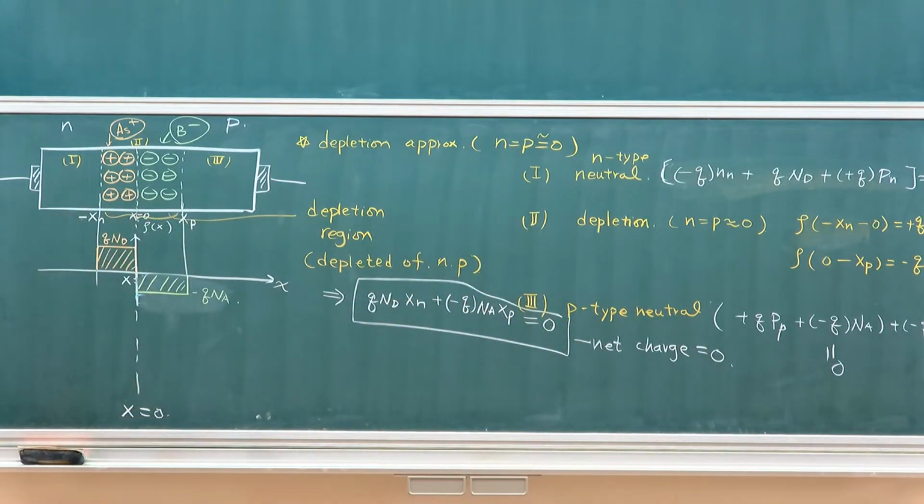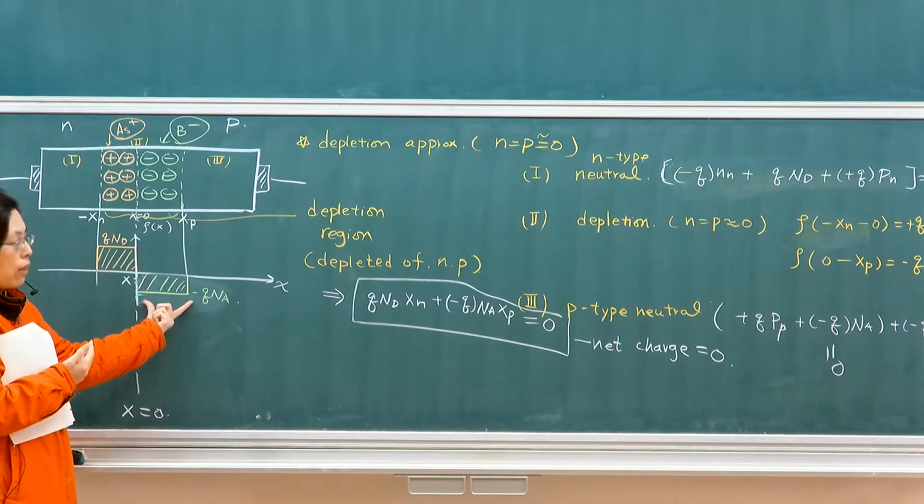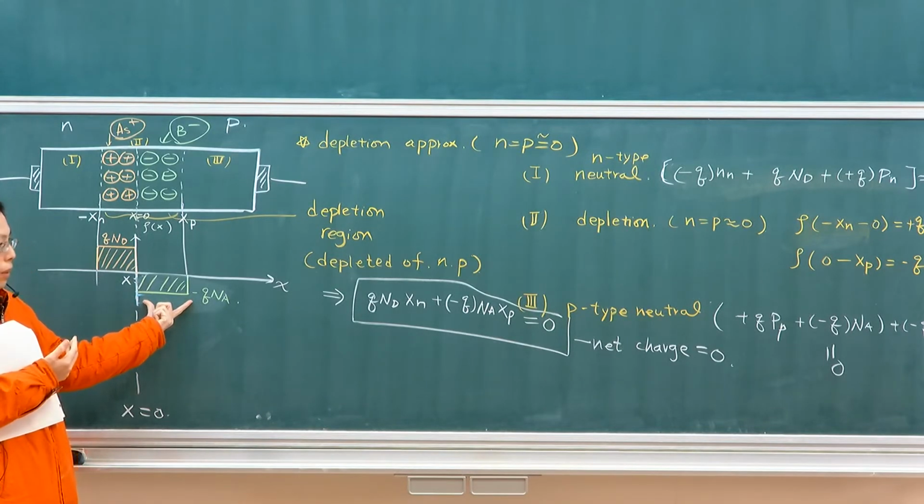This is a very important result, which implies that if I have a higher doping, then my depletion will be narrower on this side, and thicker on the other side with the lighter doping.